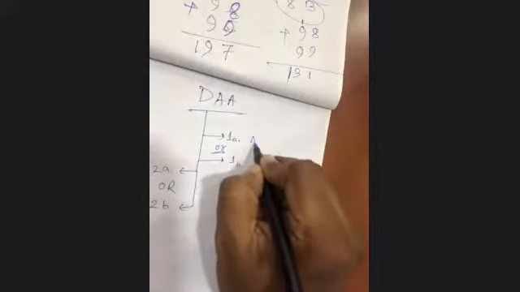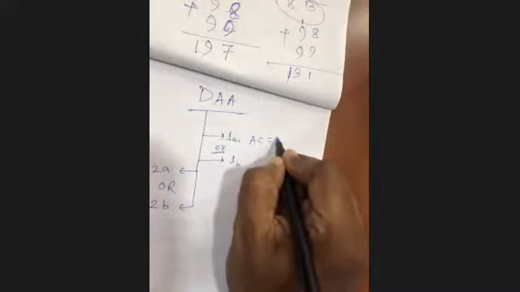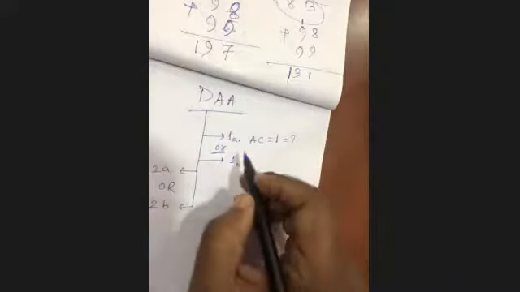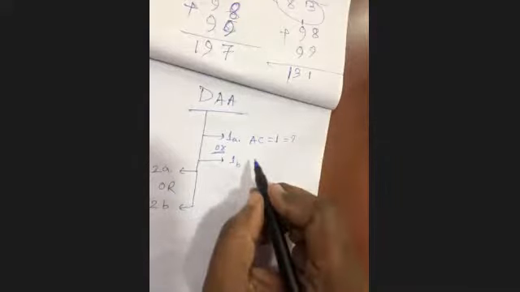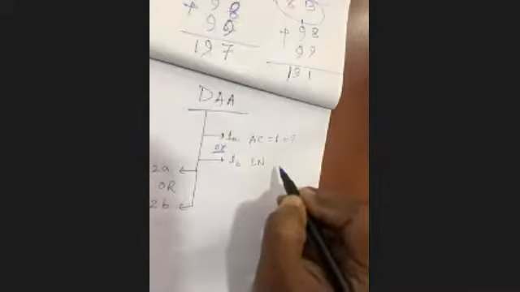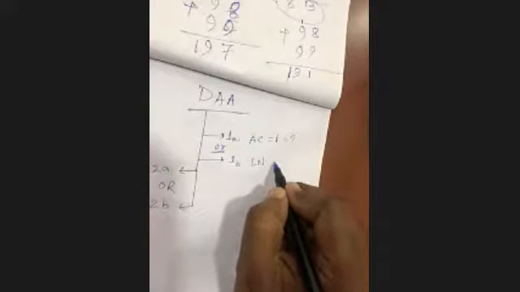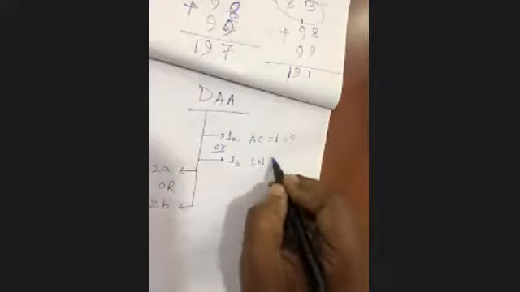Next, what is the formula? First, check whether the auxiliary carry flag is set, that is, equal to 1 or not. Or check whether the lower nibble is greater than 9 or not.